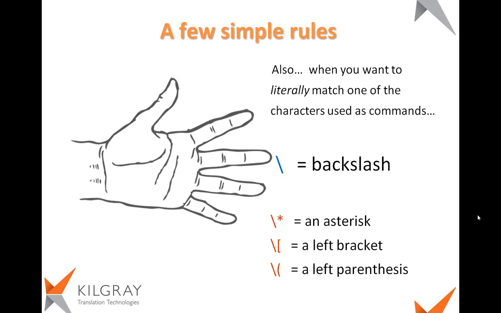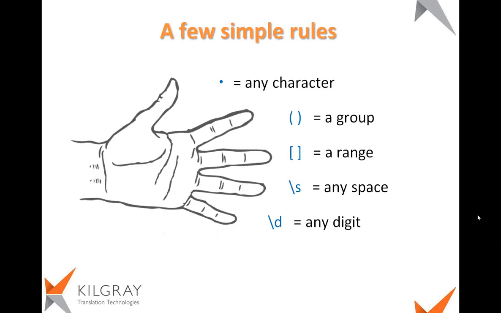Here I just wrote 3 of them, but it applies to all the commands I just showed you. If you don't want to match any character but just a dot, you would use the backslash before the dot. Same thing for parentheses and brackets. Actually, that's why we have backslash S for space and backslash D for a digit.